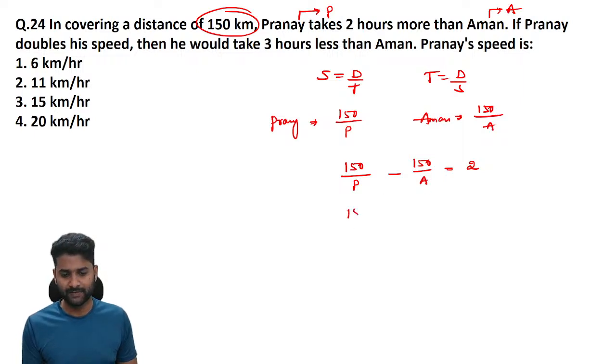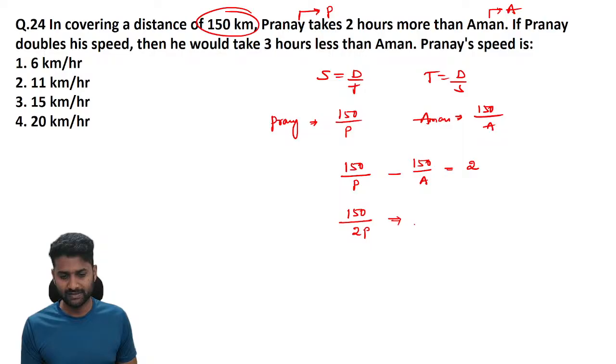If Pranay's speed is double, means 2P, then he would take 3 hours less than Aman. So he takes 3 hours less time. If he doubles the speed, he reduces the time. In the same way, 150 divided by 2P, and it takes 3 hours less, so just reverse it.